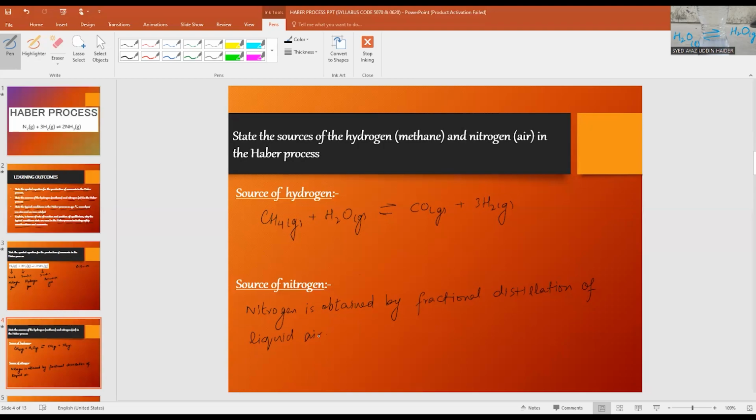In this process, air is liquefied first and then slowly warmed.